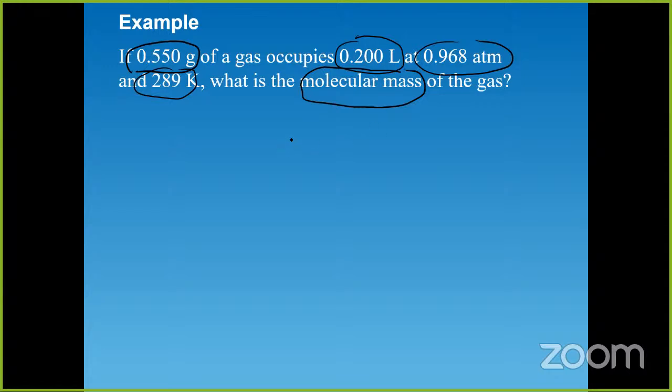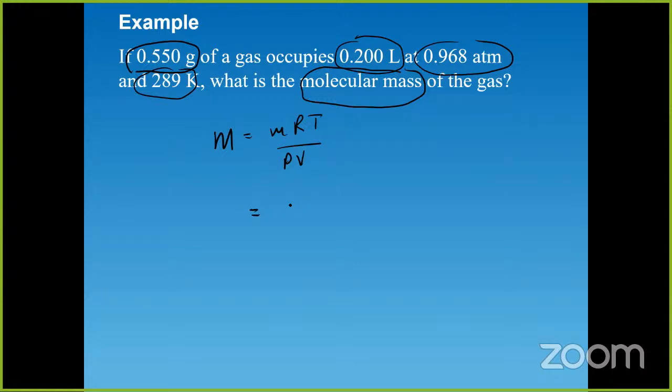So all we have to do is find the molar mass and then switch the units. The equation that I just showed you is molar mass equals mRT over PV. By the way, I think this equation is also in the packet that I've posted in Canvas. In any case, we put the numbers in.